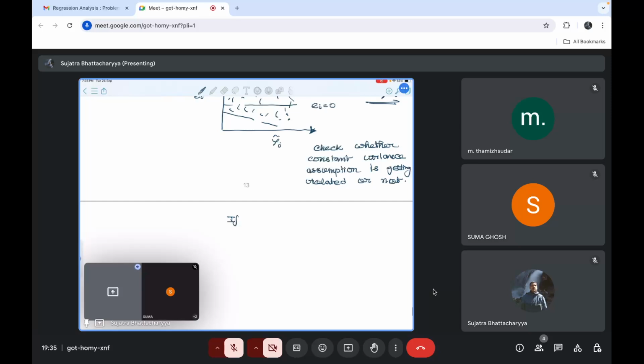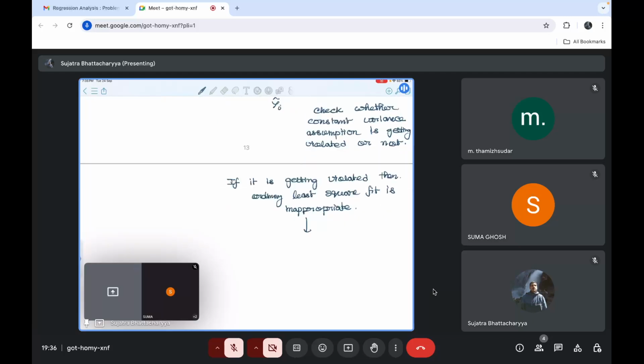If it is getting violated, then the ordinary least square fit is inappropriate. Okay. So what then? Then you need to go for the weighted least square technique.